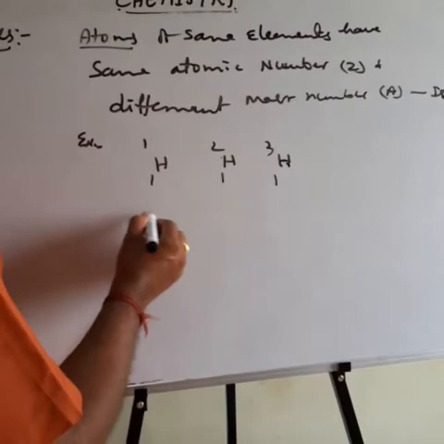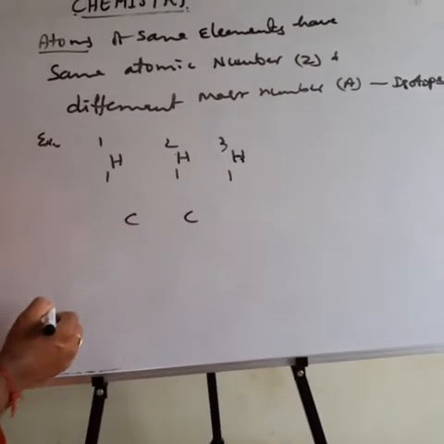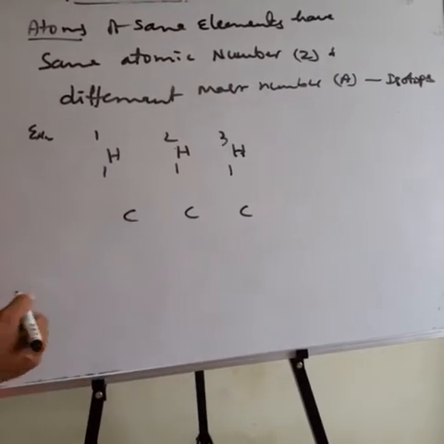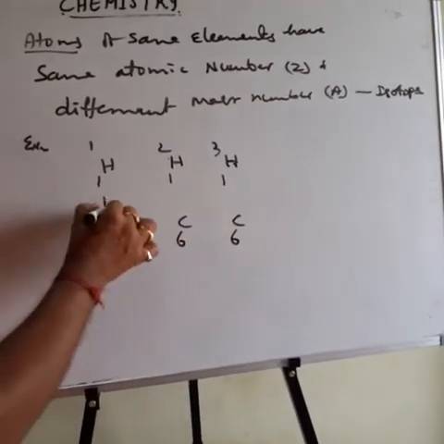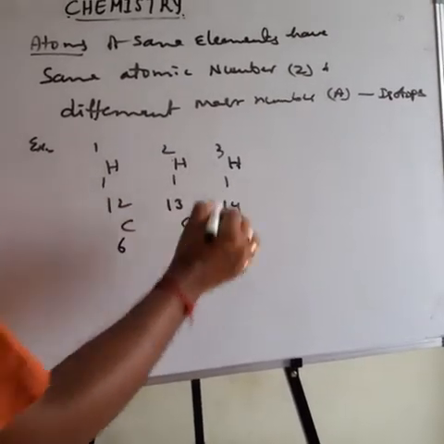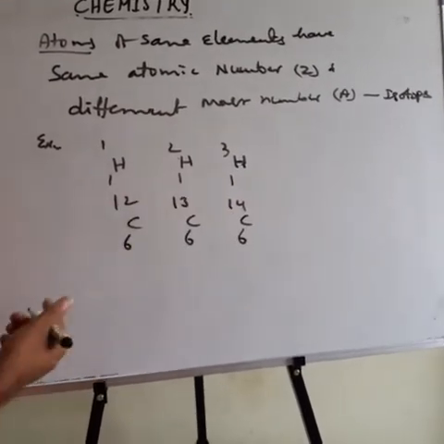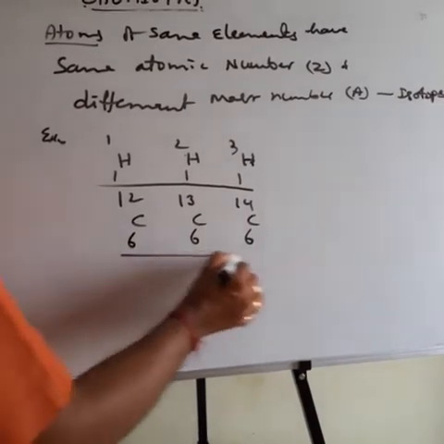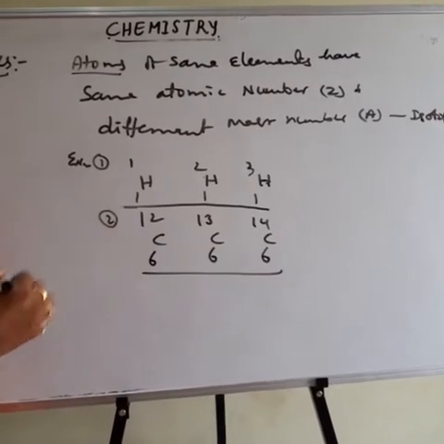Then the second example is carbon. Carbon has 3 isotopes. This is carbon with atomic number 6, 6, 6 and mass numbers 12, 13, 14. So atomic number is the same, mass number is different. This is example 2.